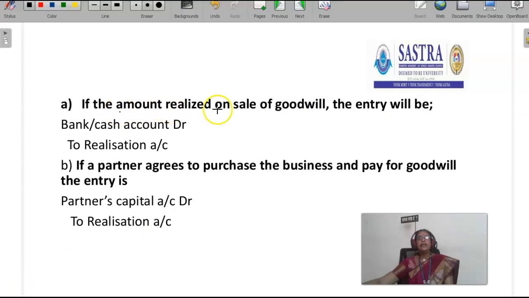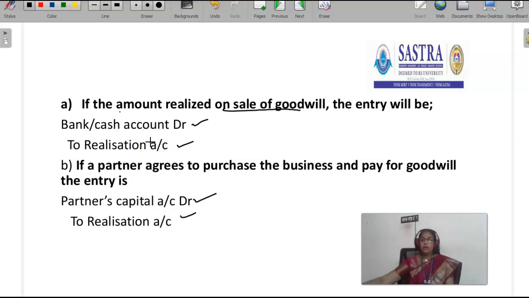Then, if the amount is realized on sale of goodwill, the entry will be bank or cash account debit to realization. If a partner agrees to purchase the business and pay for goodwill, the entry will be partner's capital account debit to realization account. Because we have transferred all the assets to the realization account, we should not write the particular asset if it is sold.